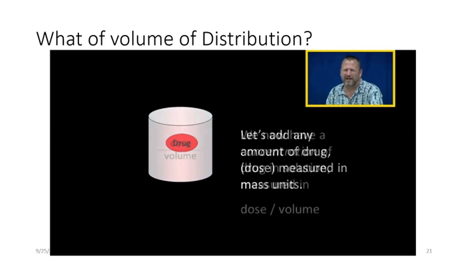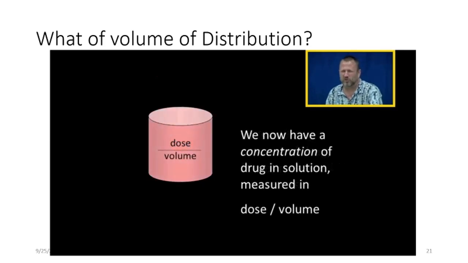So once we add a specific amount of drug to a specific amount of water, we know the concentration. So now we have a concentration of drug in solution, and that's measured by the dose of the drug over the volume of the solution. This is very simple to measure.